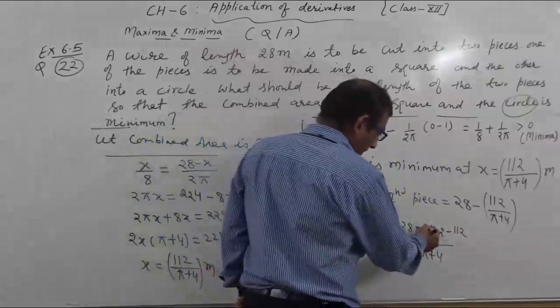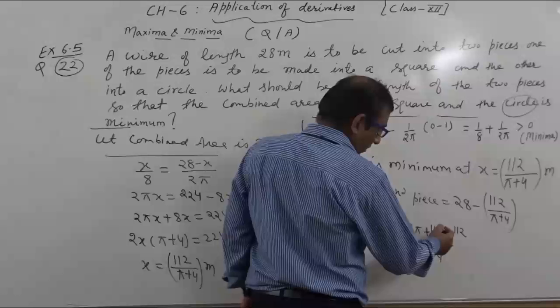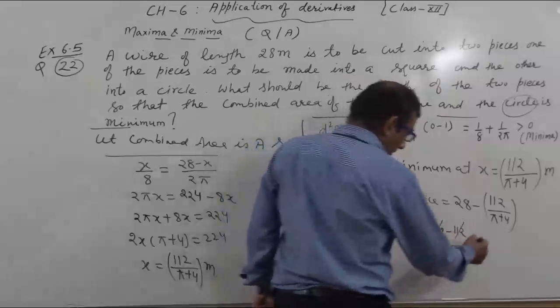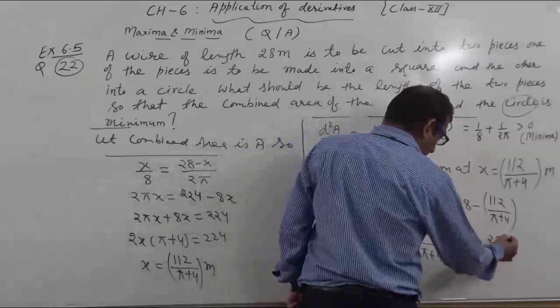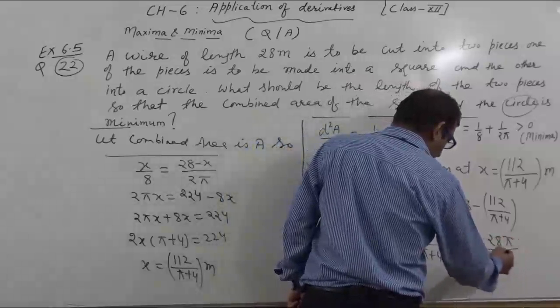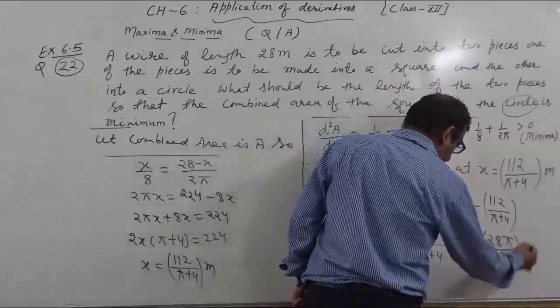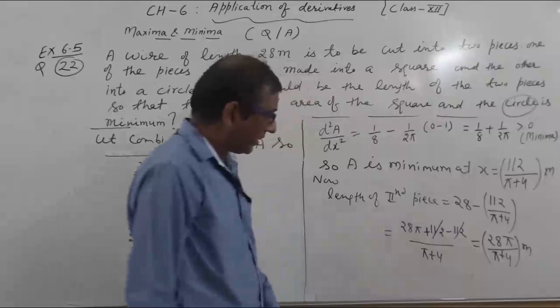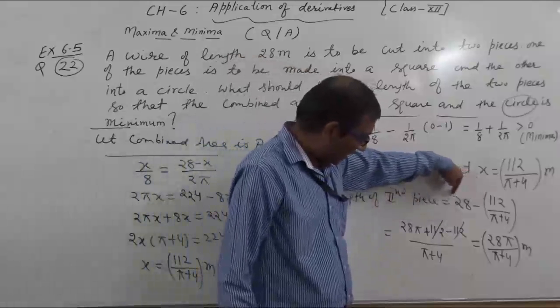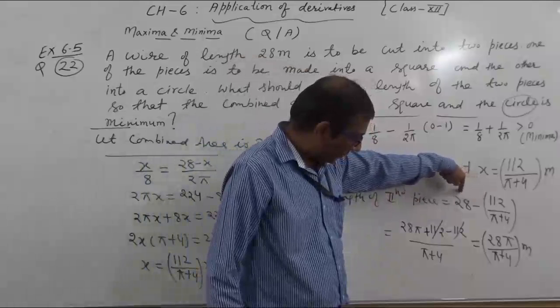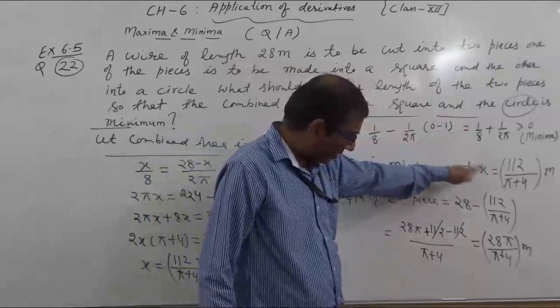We will check it once again. Here we get a positive sign. Yes, this is correct. So 112 cancels 112, and we get 28 pi upon pi plus 4 meter. Once again we will check it. We multiply 28 by 4, which is 112, right. Okay, it will cancel.